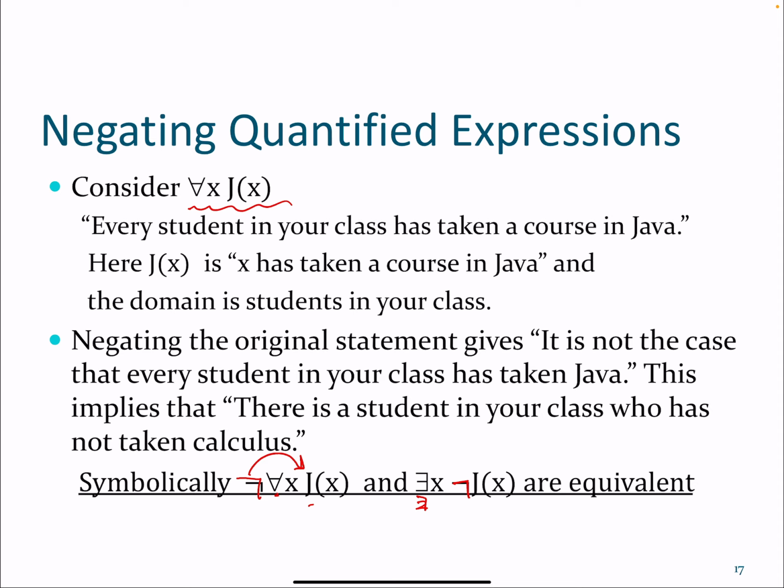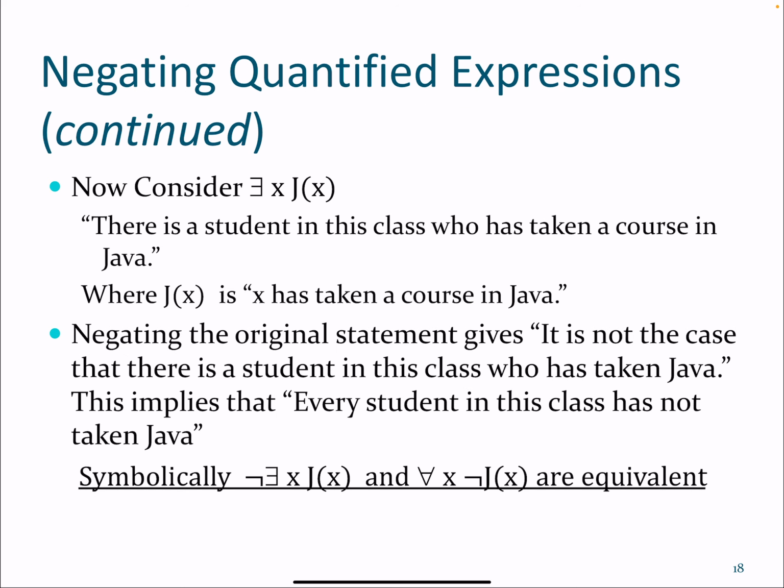The equivalent is that there is at least one student in our class who has not taken a mathematics class. So this is a very simple example. When you move the not inside the for all, you need to change for all to exists, and then you put the not in front of the propositional function. You can also try to make other examples like this. Try to understand it.